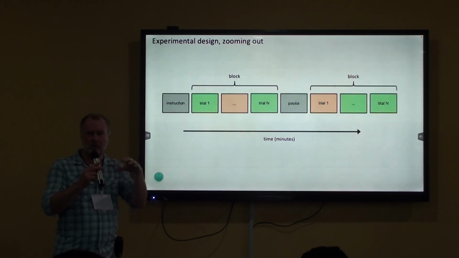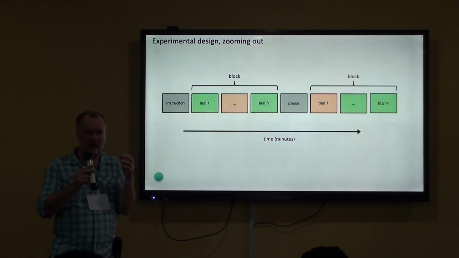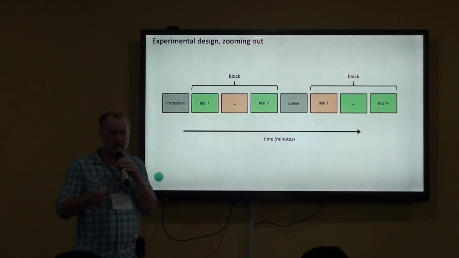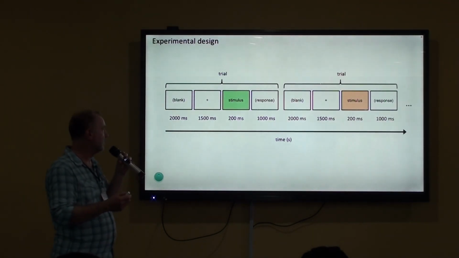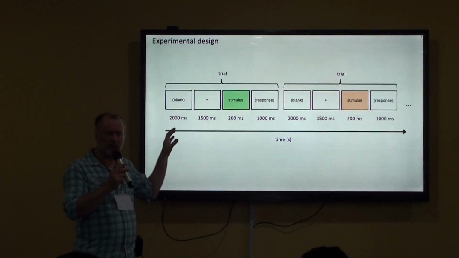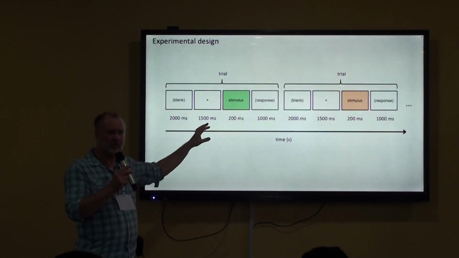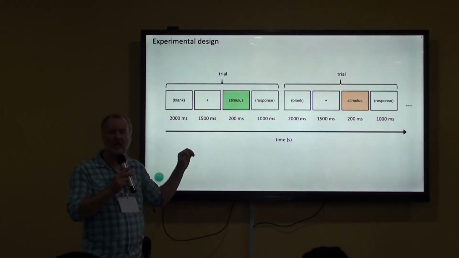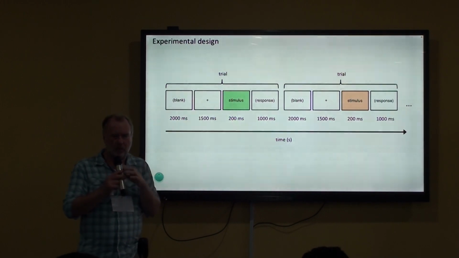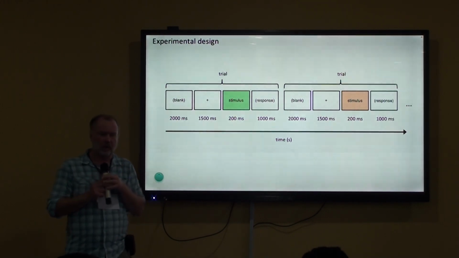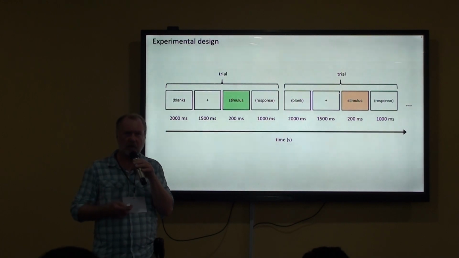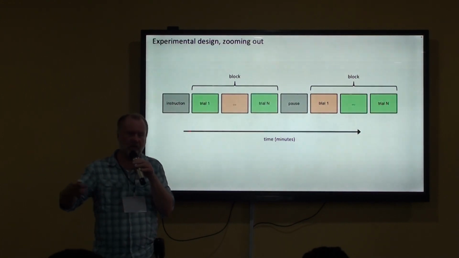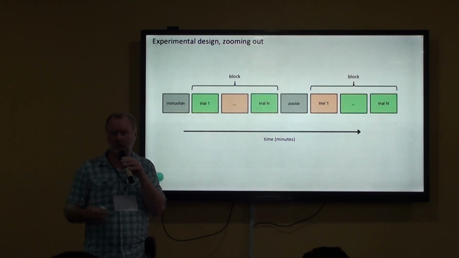So yesterday in PsychoPy, we mainly looked at the other direction. We mainly looked at this level. So we looked at how can we present one stimulus, or how can we present two stimuli. What we did not yet get to is how can you go from one stimulus to two stimuli to a whole experimental design with many trials and with many blocks.